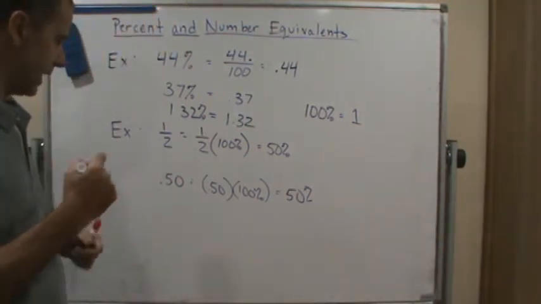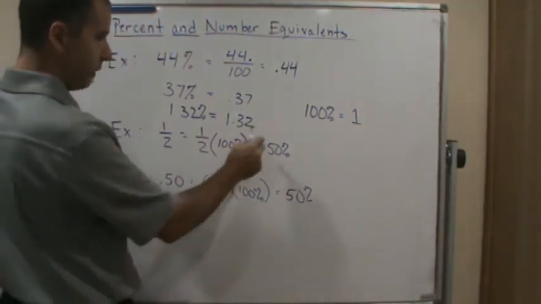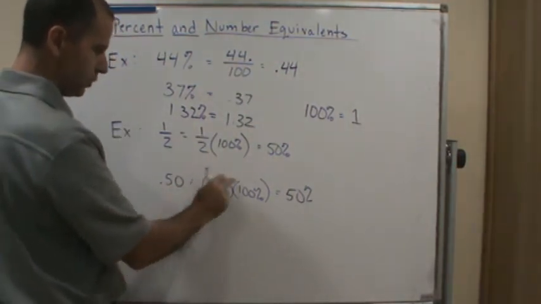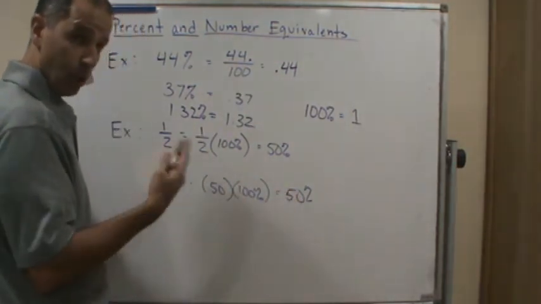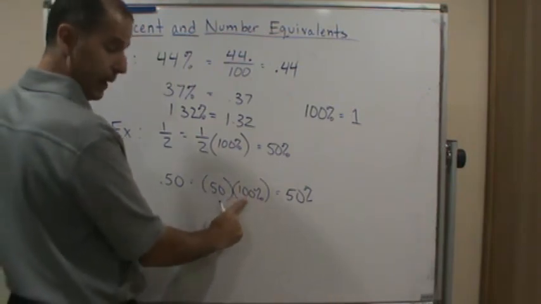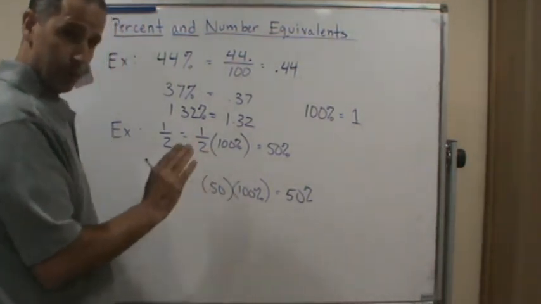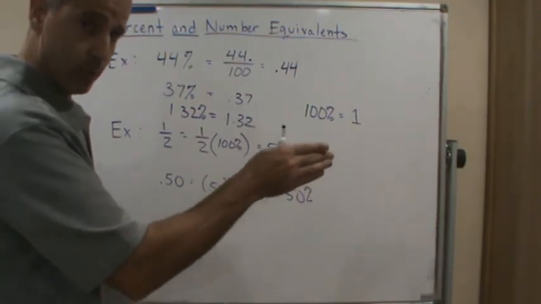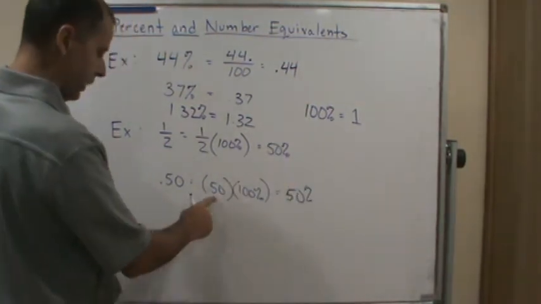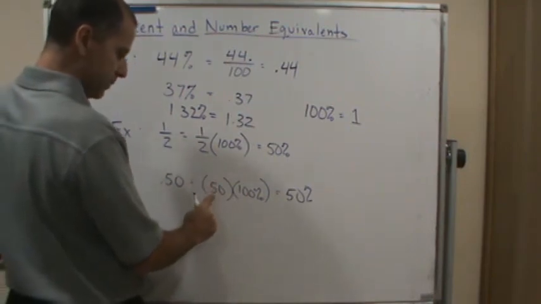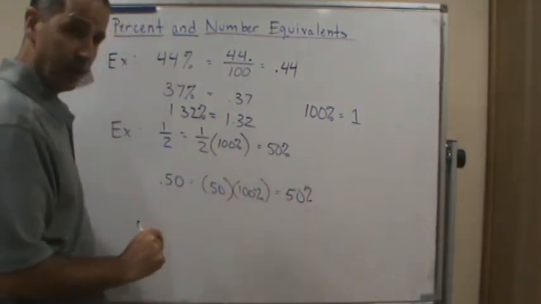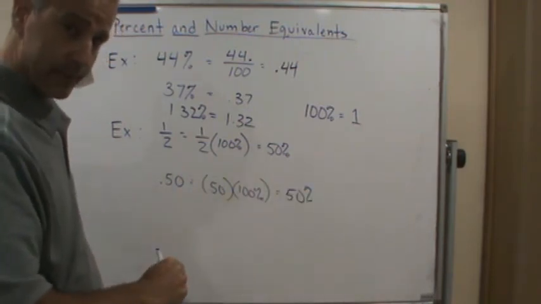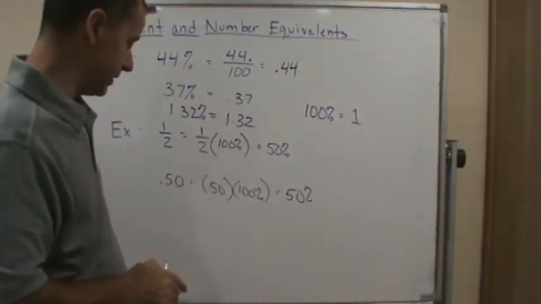When you want to change a decimal to a percentage, you're going the other way from before. You're multiplying by a power of 10, and when you multiply by a power of 10, you're moving the decimal point to the right. So the way you go from a decimal to a percentage is very easy. All you do is move the decimal point to the right 2 spots and add the percent sign.